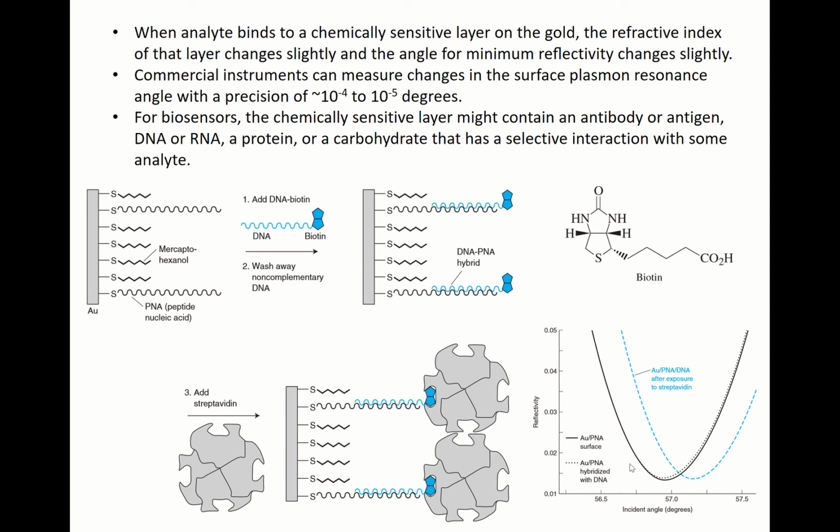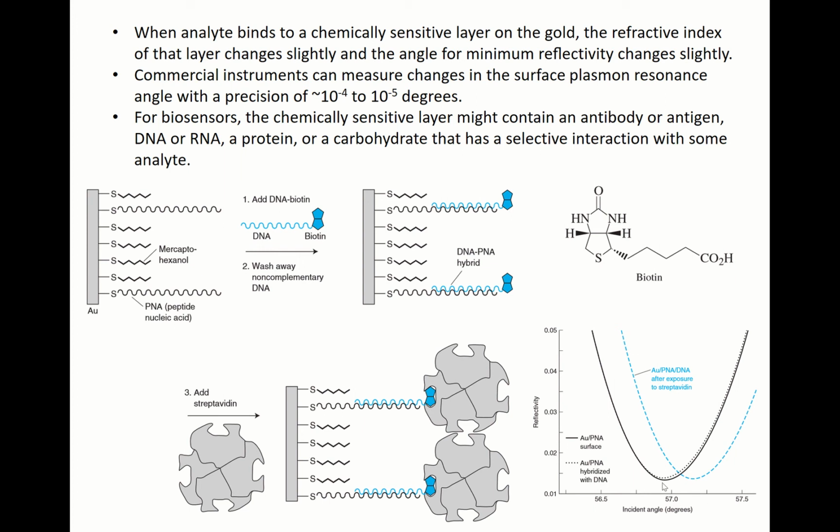This is the result. This solid black line, and the dotted line, is the gold surface modified with PNA, and gold PNA hybridized with DNA up to this point. The surface plasmon change is very, very small, but when you add this streptavidin, the plasmon resonance angle changes a lot here, this blue line.